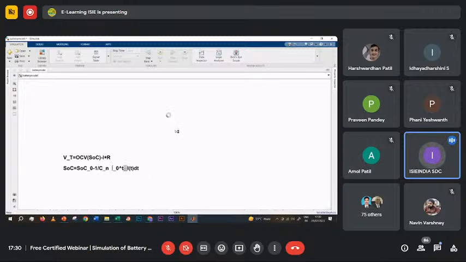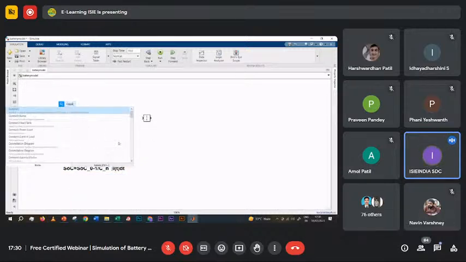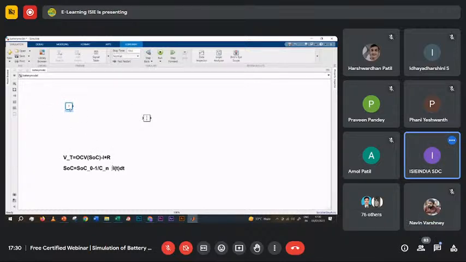This is the integration block, and the integration is done for the current. So let me bring in this current. Yeah, I have this current. I will be using a constant block here, and this constant block is integrated here.